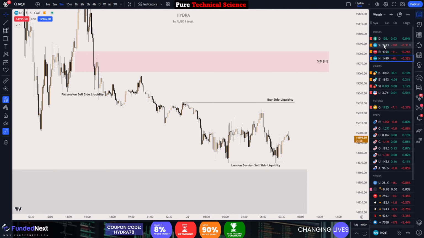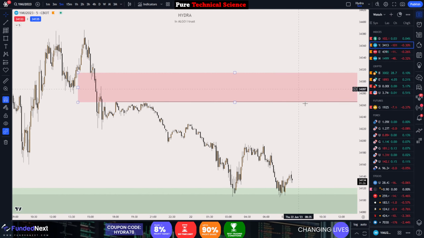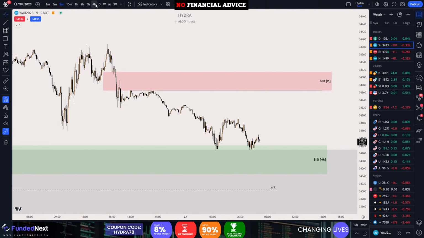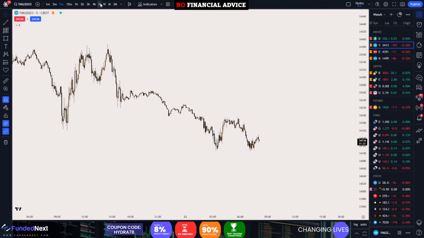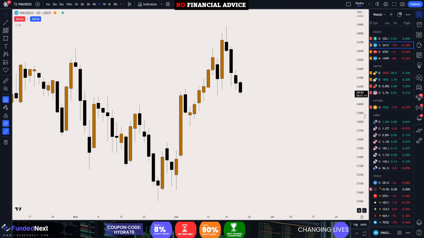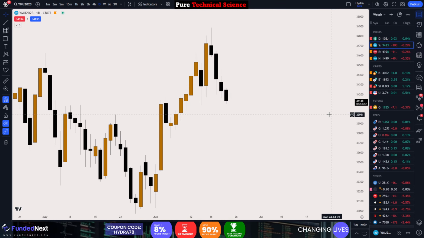Now I'm going to go to the US30 chart, my favorite Dow Jones. I'm going to start with the daily chart here. We have a bullish order block right here, and if Dow and NQ are both delivering together, then I want to see this order block working as a support.